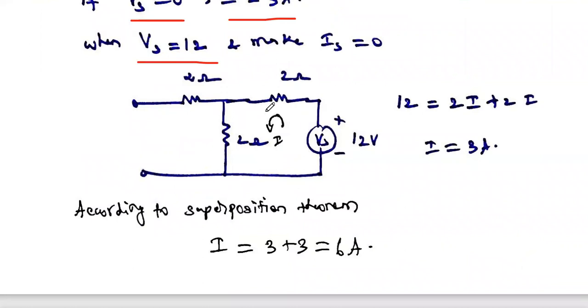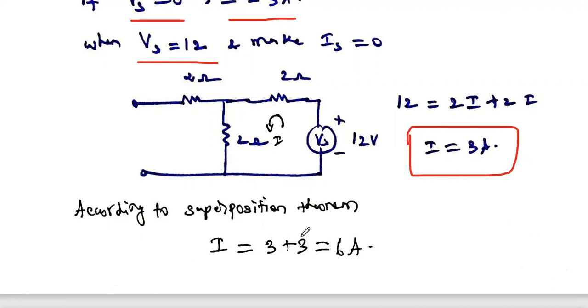Since there is an open circuit, this 2 ohm is neglected, and there is only one KVL loop. Apply KVL to this circuit and we get the equation 12 is equal to 2 into I plus 2 into I. So 12 is equal to 4I, and from that the current I is equal to 3 amps. So the current is calculated.